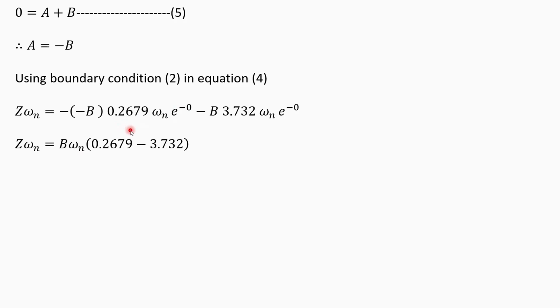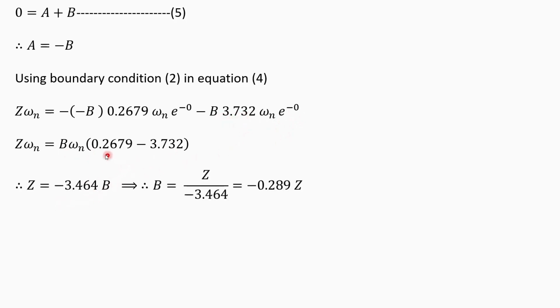So this b multiplied by omega n, that term we have taken common. Minus minus is plus, so it is 0.2679, that is a plus value. e raised to minus 0 is 1, so that is not written over here. Minus b omega n we have already taken common, and e raised to minus 0 is 1, so only 3.732 will remain.